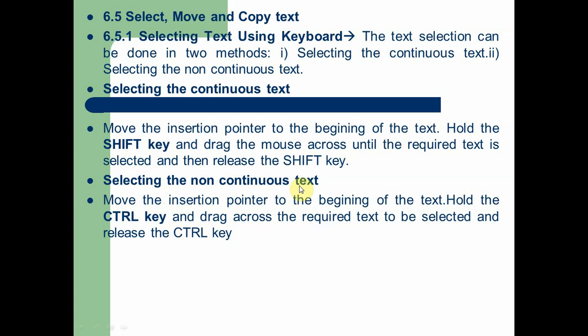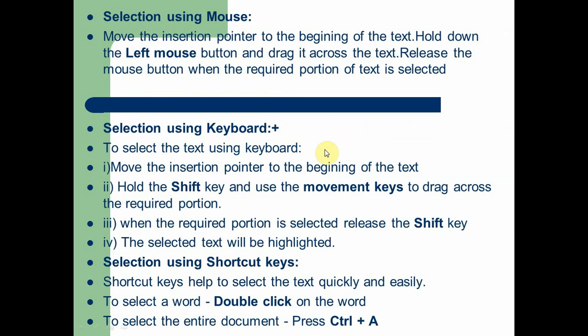Here you can see selecting non-continuous text: move the insertion point to the beginning of the text, hold the Control key and drag the mouse. If you want to select continuous text, then you should use the Shift key and drag the mouse across the required text.